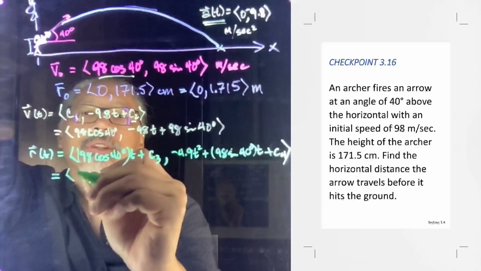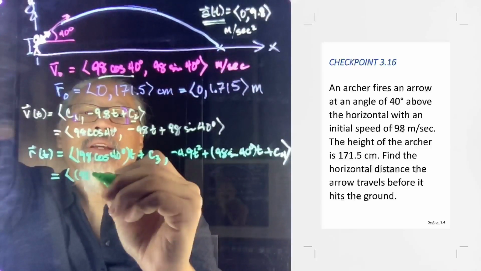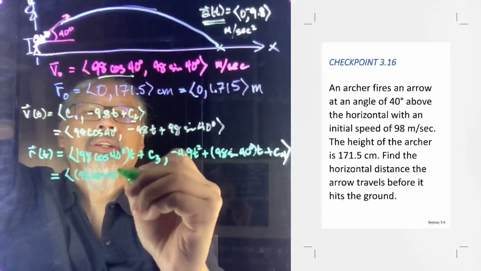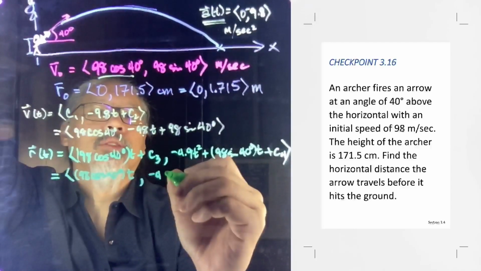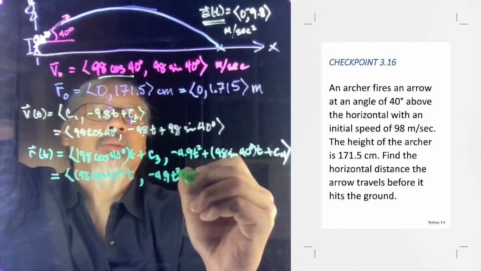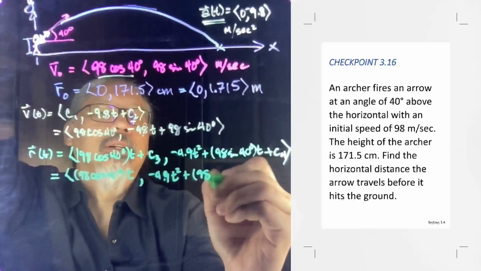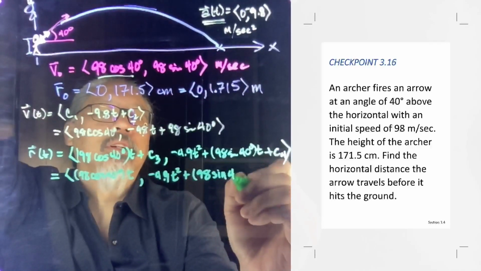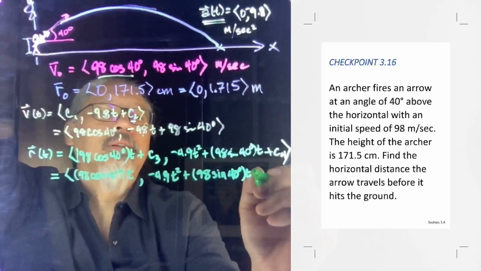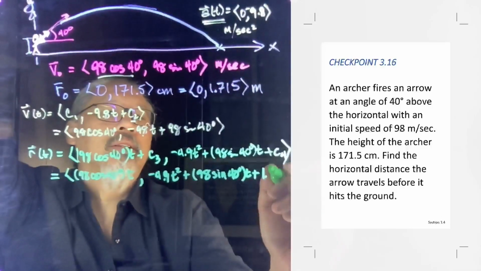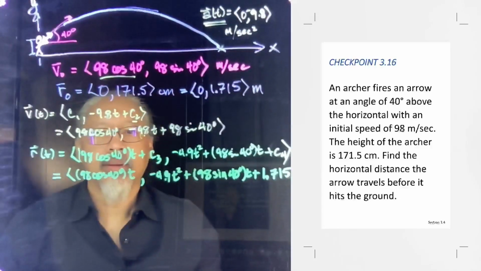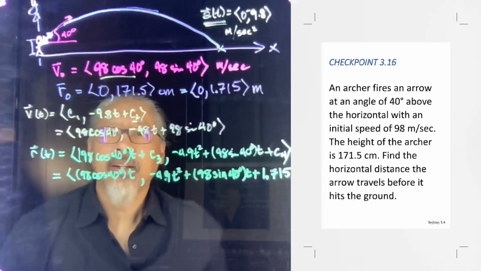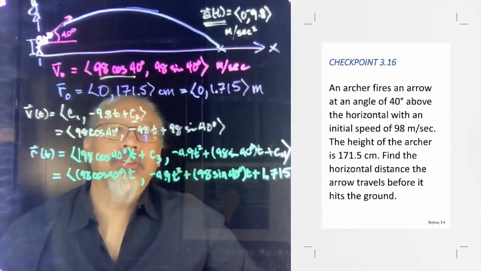Our actual position function is 98 times cosine of 40 degrees times t plus 0, and negative 4.9 t squared plus 98 sine of 40 degrees times t plus our initial height, 1.715. So that's our position function.